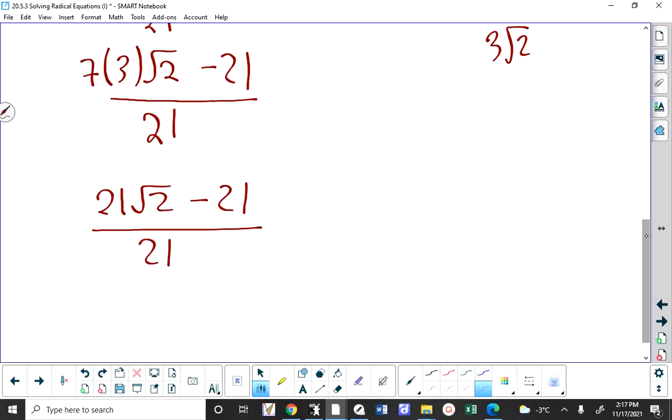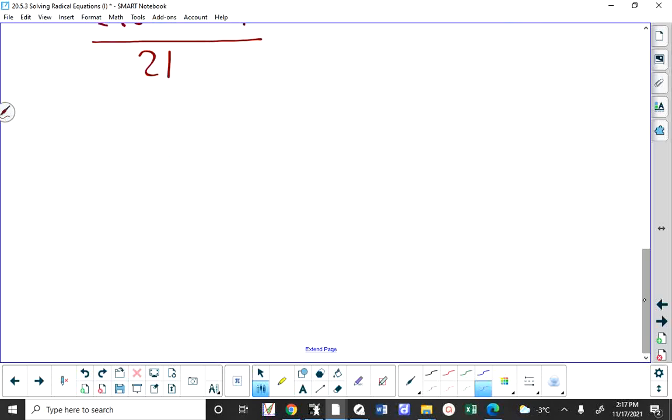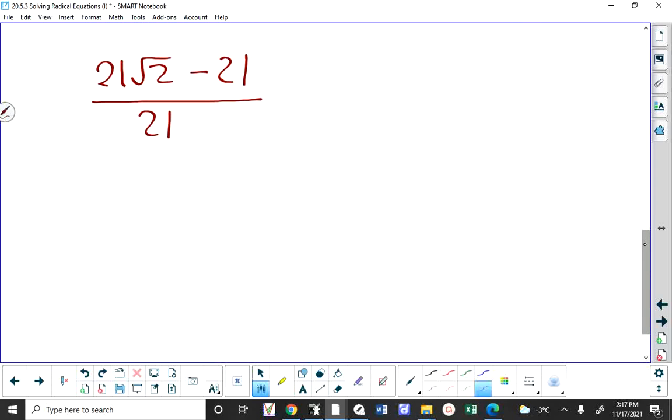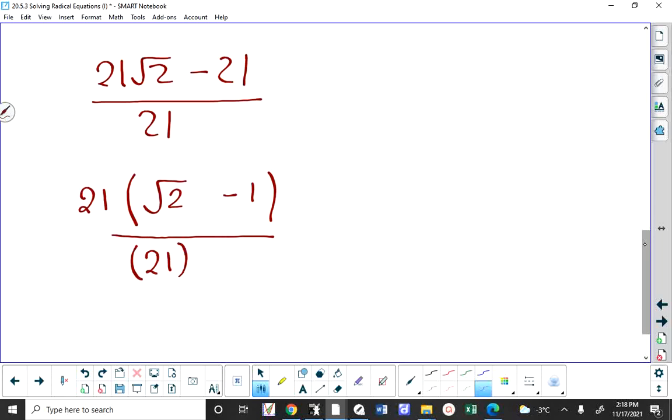You don't need to show that work. But again, in trying to train you for the next unit, which can really be a steep hill to climb for many students, factor then cancel. So 21 is a factor of the bottom, 21 is a factor of the top, and you're left with root 2 minus 1. Is that okay? Okay. Any other questions? Yep.